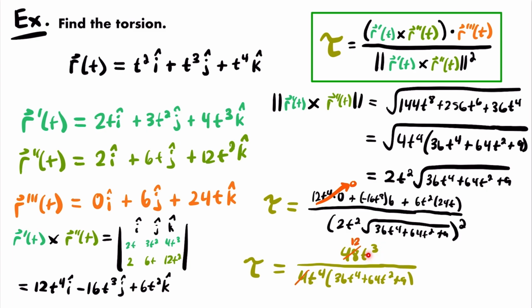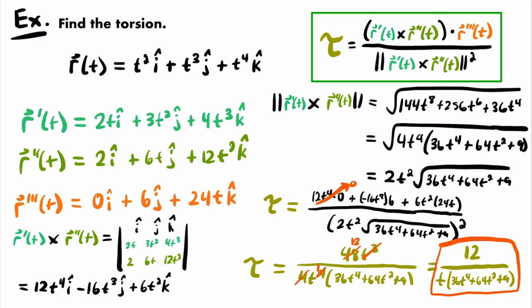And then t cubed cancels out with 3 of these t's. So that's gone and this becomes t to the first power. All right, so our final answer here is that torsion is equal to 12 divided by t times 36t to the power 4 plus 64t squared plus 9. That right there is the expression that represents the torsion of this space curve.